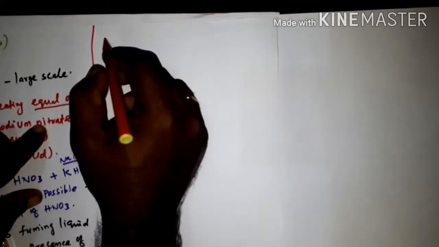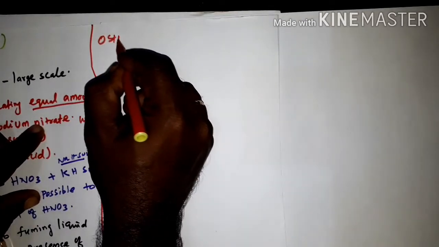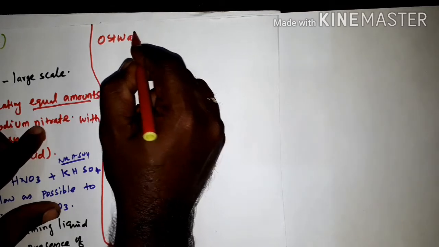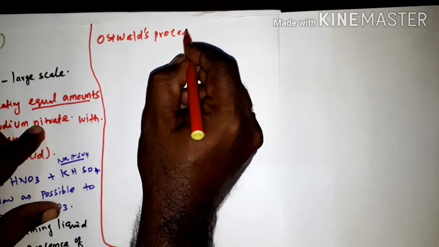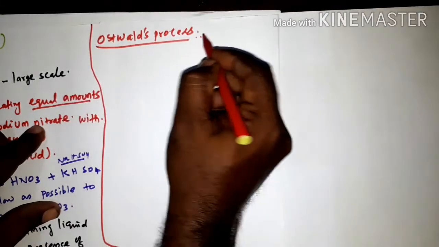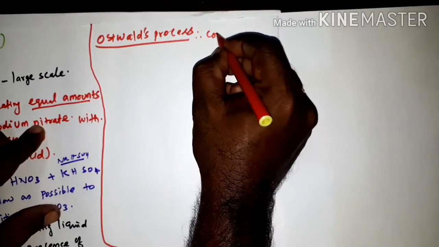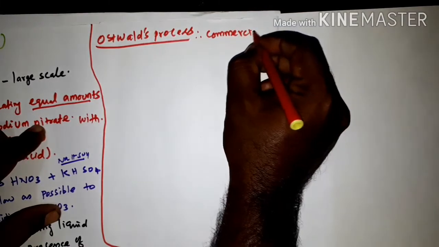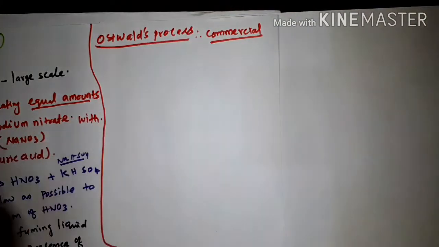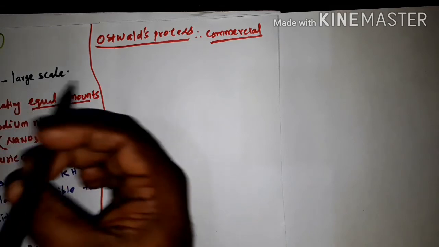So now the second method, that is the Ostwald process. This is the commercial method, on industrial scale. Okay, so note down the steps.